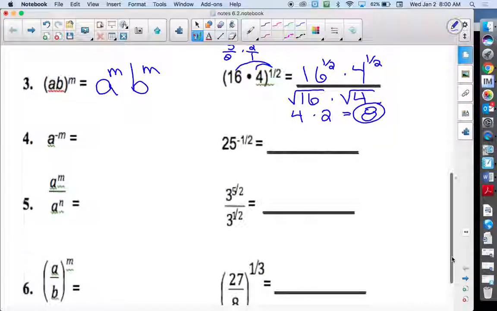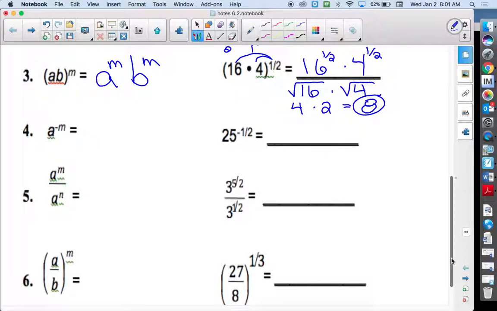So property number 4 we actually just talked about. We said if you have a negative exponent, that puts it under 1, and it makes the exponent positive. So if we have 25 to the negative 1/2, that's really 1 over 25 to the positive 1/2. So negative exponent makes it a fraction under the value of 1.